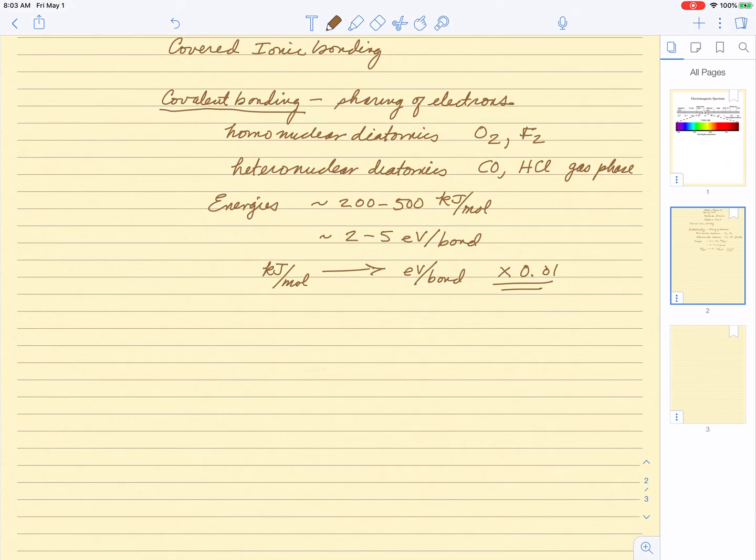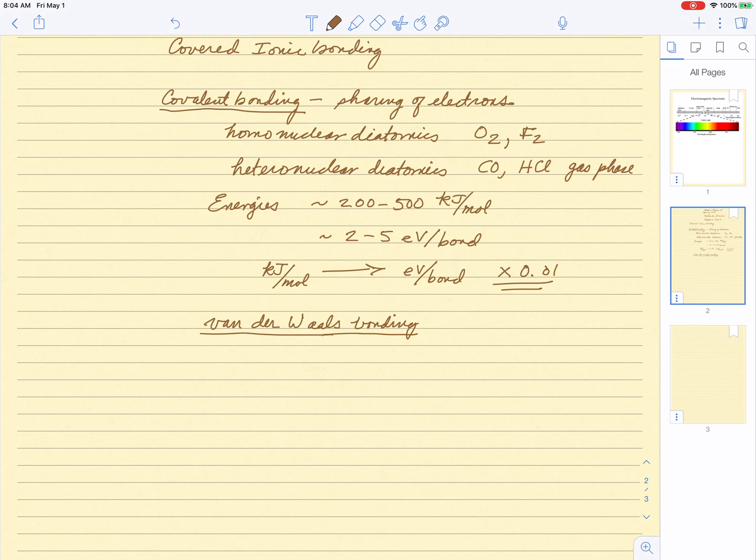So we have in general the category of what is called van der Waals. Let me erase all this. Van der Waals bonding, and again, a very complex array of bonds, but really important.